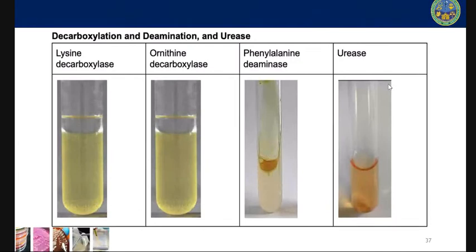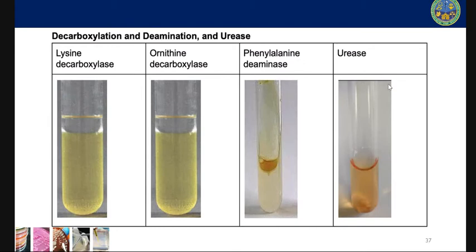So this is just a visual presentation of your decarboxylation and deamination, including your urease. Again, for urease testing, you may have a slant preparation of your media, or at times you could also have broth preparations. So you have the lysine decarboxylation and ornithine decarboxylation. Again, these are negative since the broth turns yellow, it's supposed to be purple.